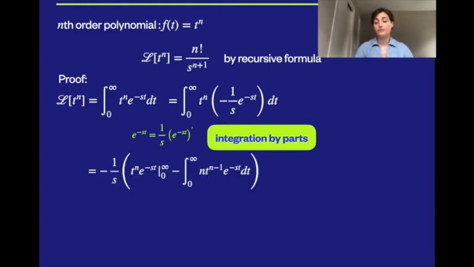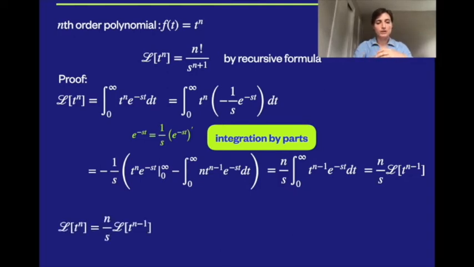Then we have something very similar as we had before, just that now we have t to the power n, and an n popping up inside the integral. The first term is 0 for the same reasons as before, and we are left with n over s, integral from 0 to infinity of t to the n minus 1, e to the minus st. And this is the Laplace transform of t to the n minus 1.